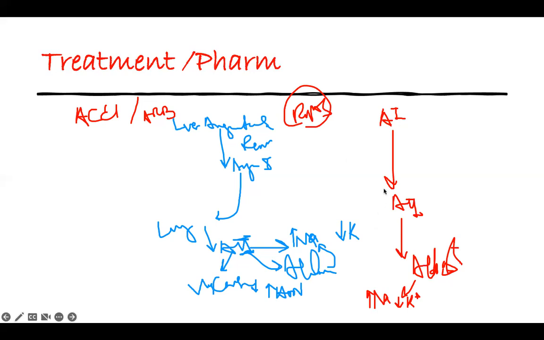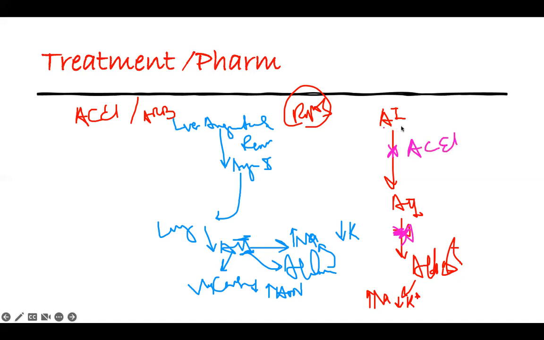So when you take an ACE inhibitor, it blocks this. ACE inhibitor basically blocks angiotensin 1 from being converted into angiotensin 2. So ACE blocks here, sorry.